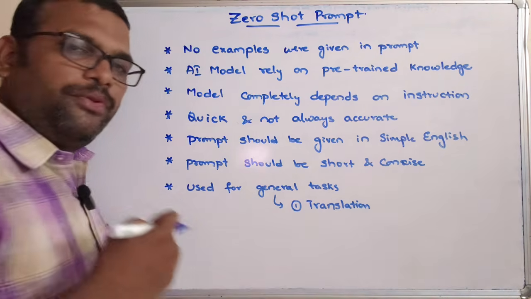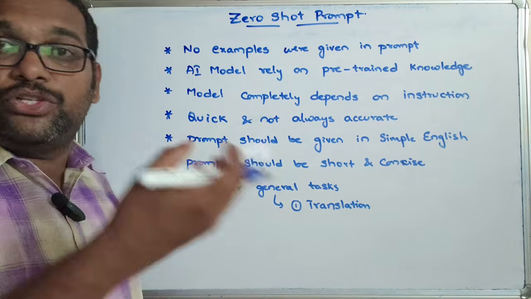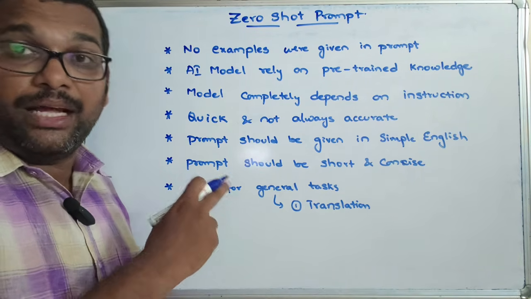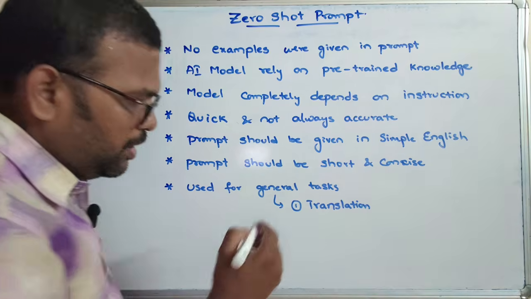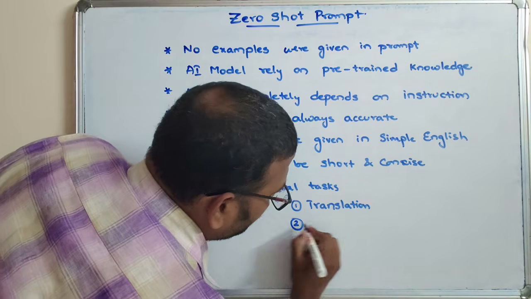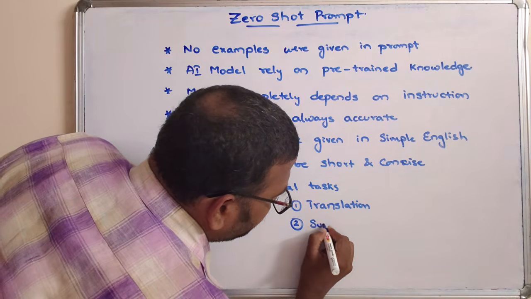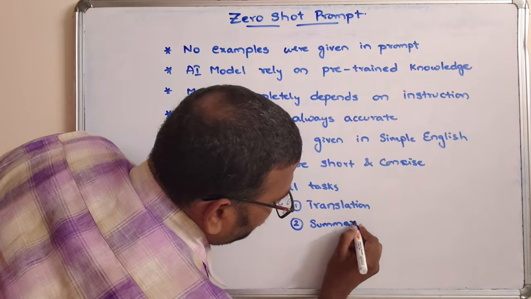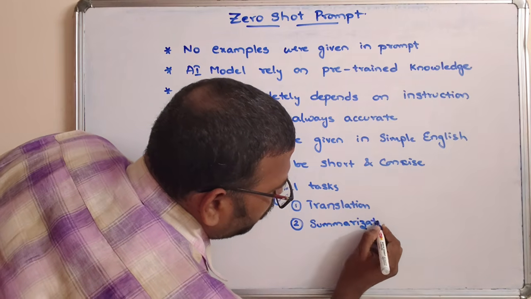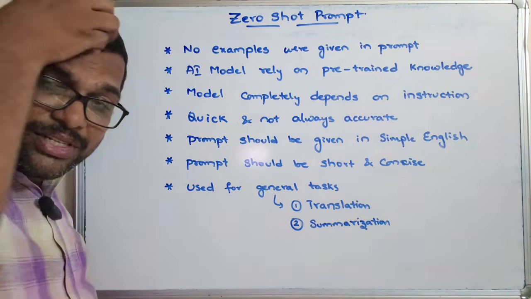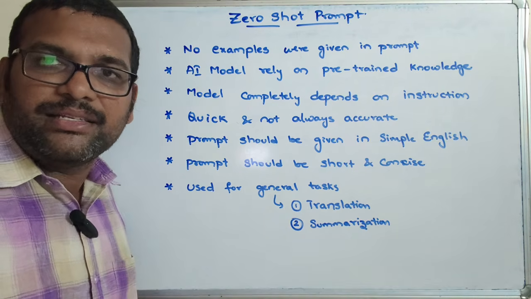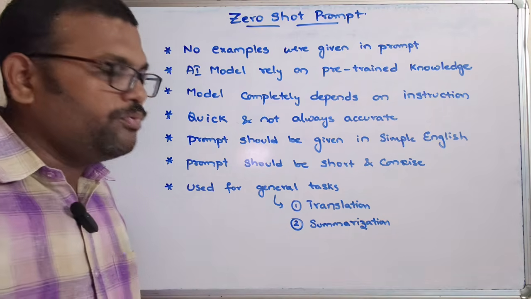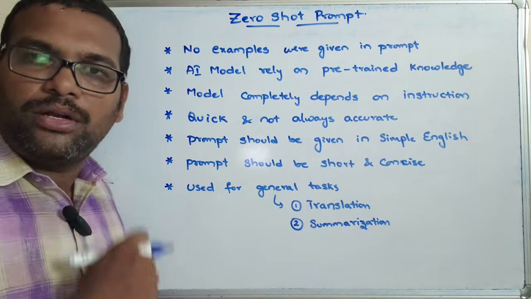If you want to translate from one language to another language, this zero shot prompt will be useful. And the second one, summarization. If you have a lot of material, a lot of paragraphs, and you want to summarize that in a few sentences, for that also we'll use this zero shot prompt.